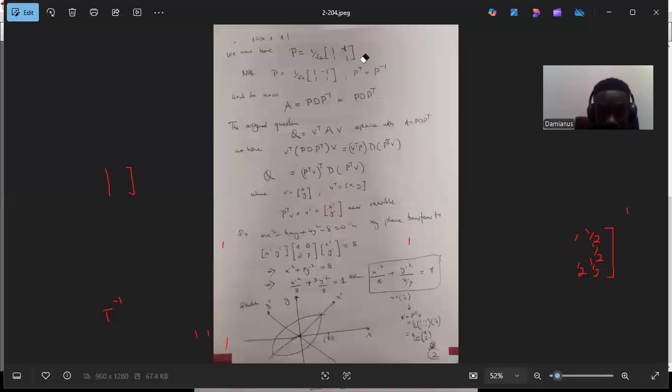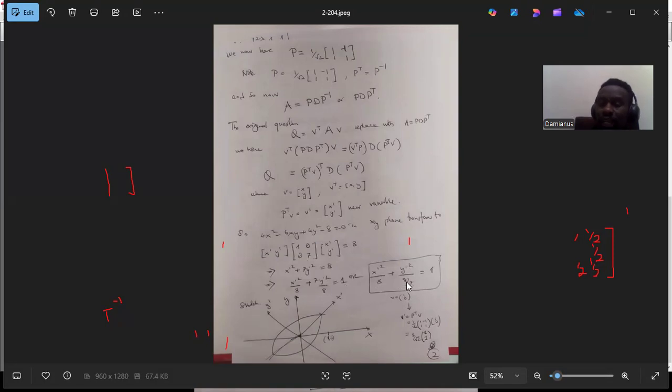So the original thing now becomes the diagonal matrix (1, 0; 0, 7) times the new variables. So it becomes x dash squared plus 7 y dash squared equals 8. You divide by 8, and you end up with x dash squared over 8 plus y dash squared over 8/7 equals 1.